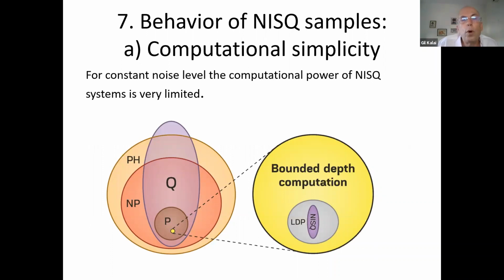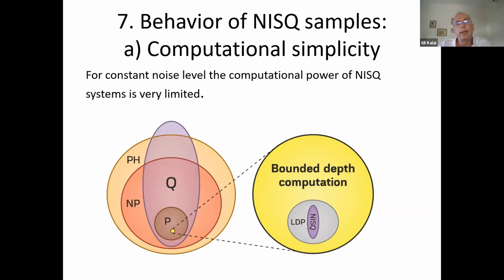And now, this is the seventh item. Now I want to explain to you briefly the behavior of noisy intermediate scale quantum systems where we use this Fourier lens. And the first aspect is what we can call computational simplicity. This is something which goes back to my earlier work.